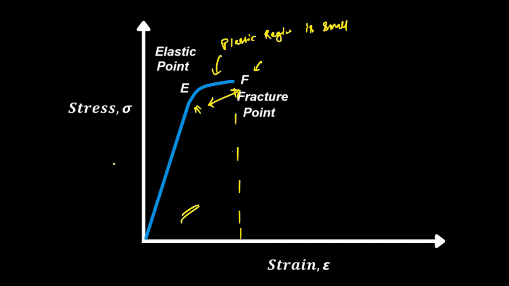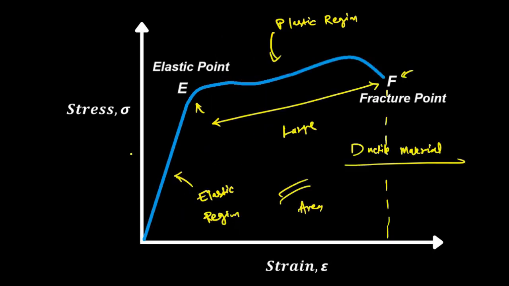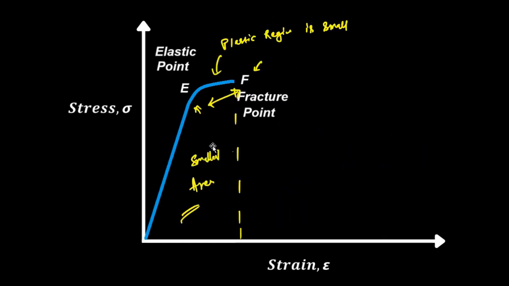So the area under the stress strain curve for ductile materials is high, and for brittle materials it is low.